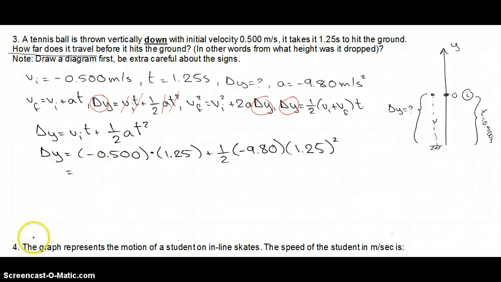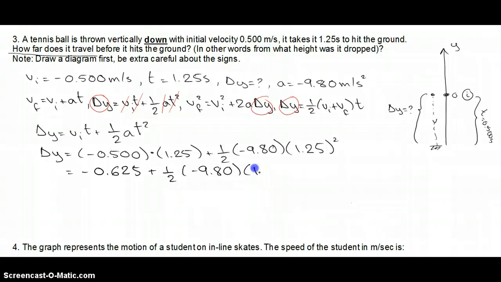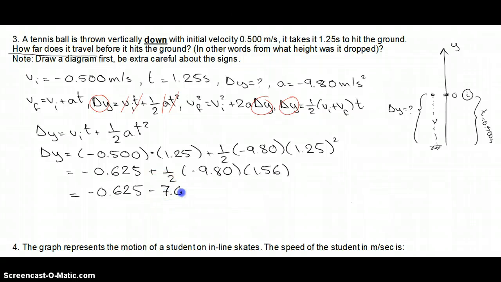First, I multiply 0.5 by 1.25, and the answer is negative 0.625, and then I square the 1.25, so plus half, negative 9.8, 1.56, and I continue by multiplying half times negative 9.8 times 1.56, I get negative 7.64.